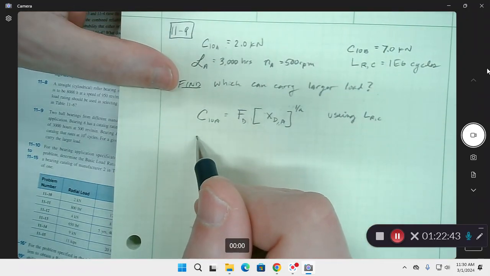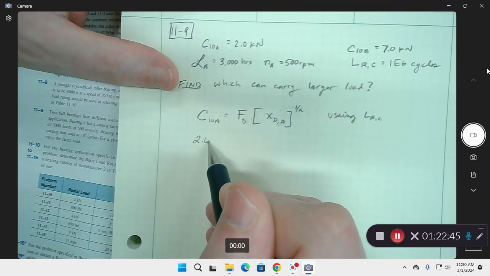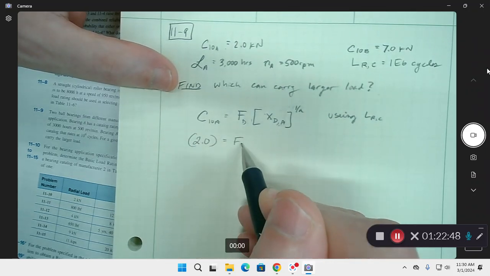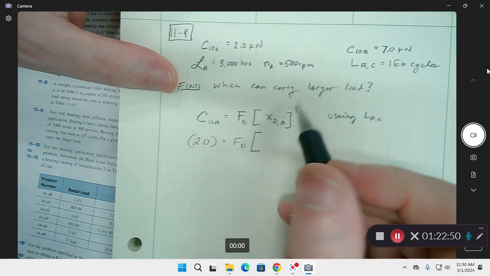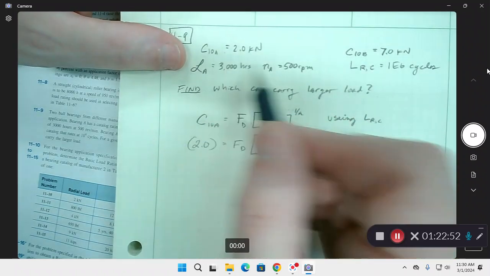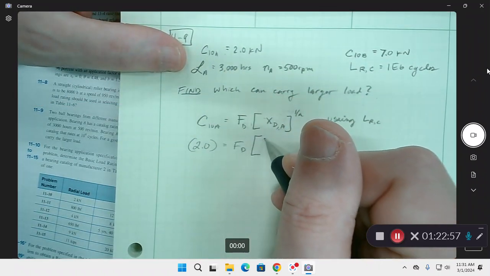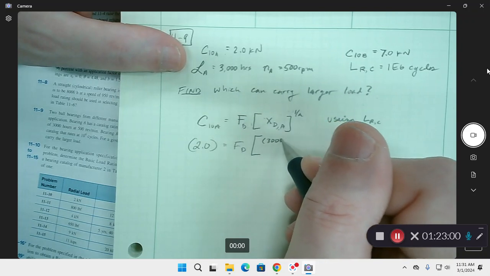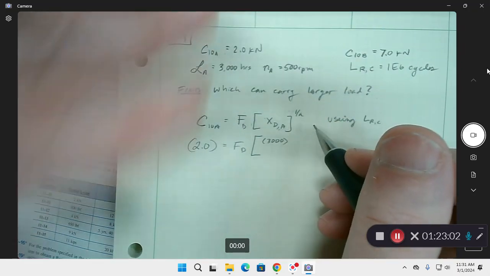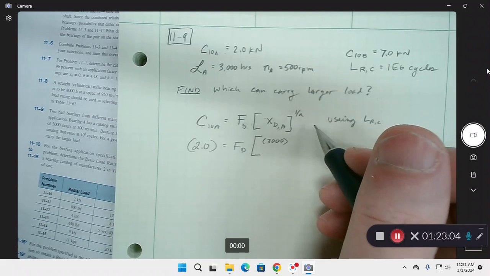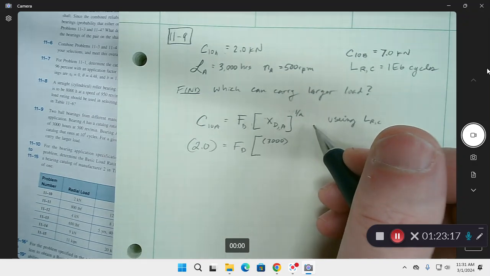So I'm told this right here is 2, and we have FD, and our situation here to get this into cycles, this guy, we take 3,000 hours. I just confused myself.